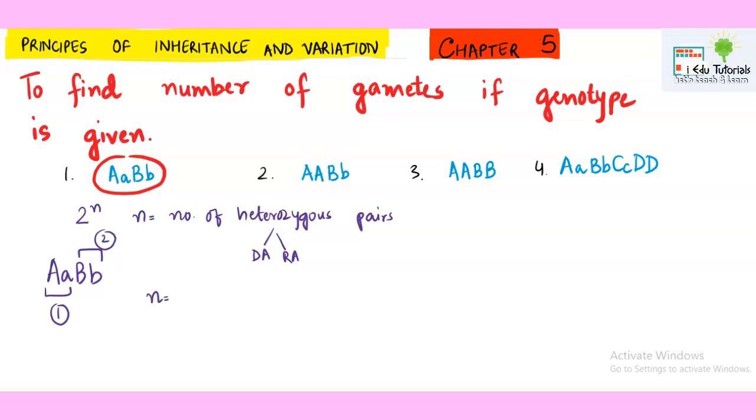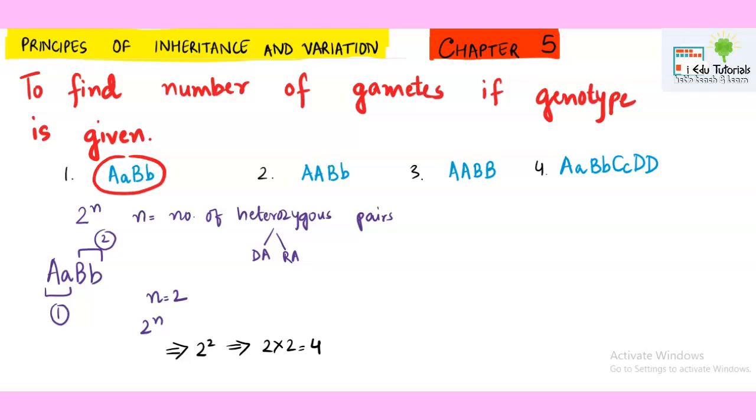So the value here is 2. We put it into the formula 2 to the power n and it becomes 2 to the power 2. When you multiply 2 with 2, it gives the answer 4. That means in the given genotype of capital A, small a, capital B, small b, there are only 4 possible gametes that could be formed, right?